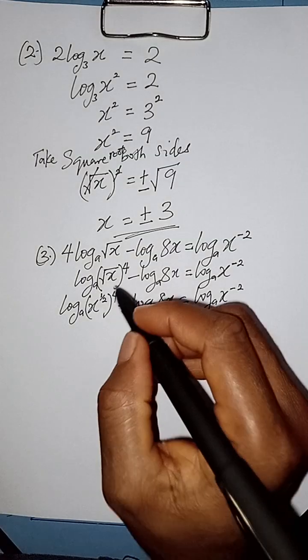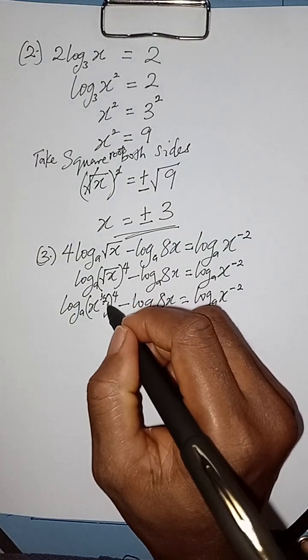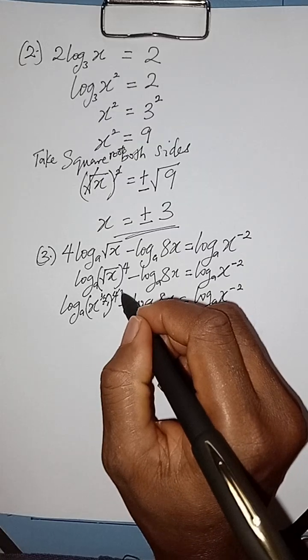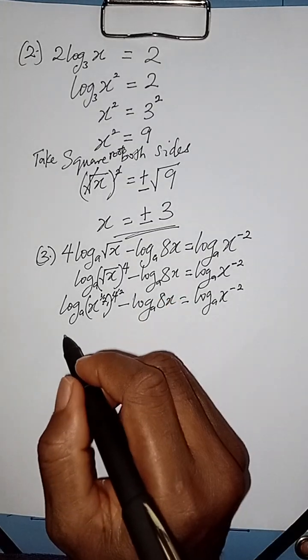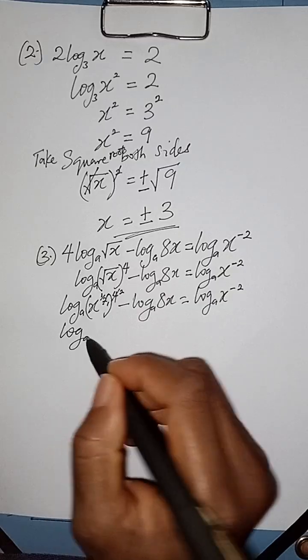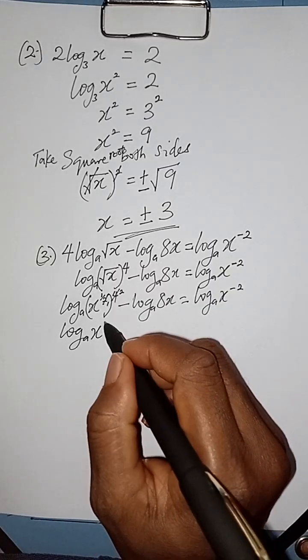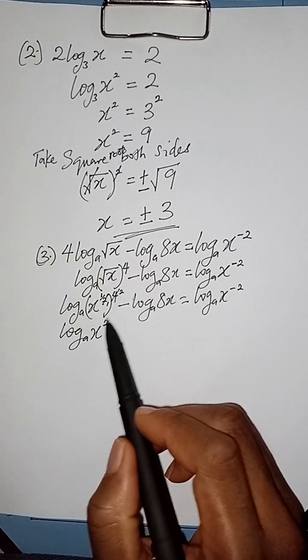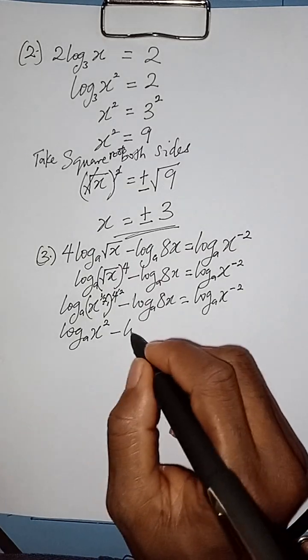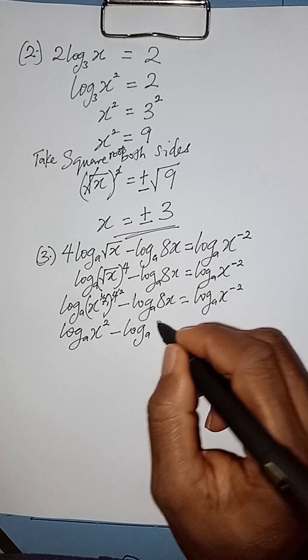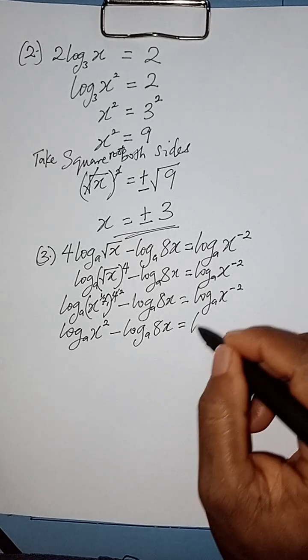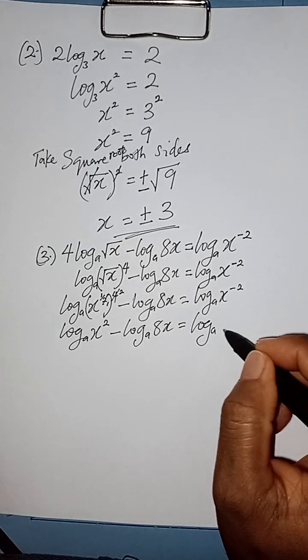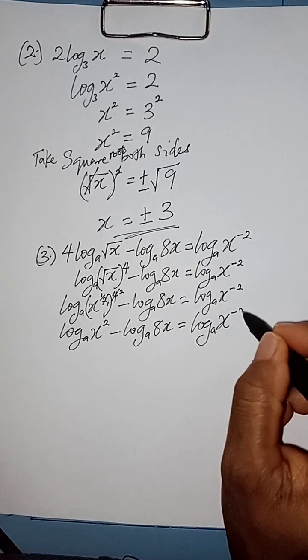Now at this point, this 2 can cancel this 4 to be 2. So you finally have here log a of x raised to power 2, because the numerator is 1 and 1 times 2 is 2, minus log 8x equal to log x raised to power minus 2.